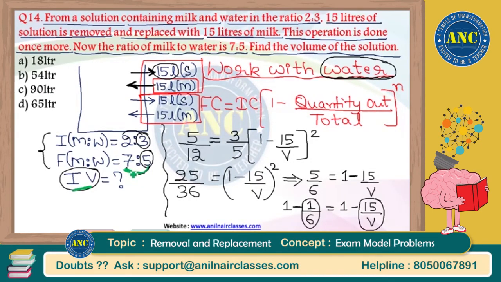So Sanchit is saying that 7 plus 5 is 12, so the answer should be a multiple of 12. But I told you, Sanchit, that the answer should be a multiple, but it need not be a whole number multiple. It can be a decimal number multiple as well.